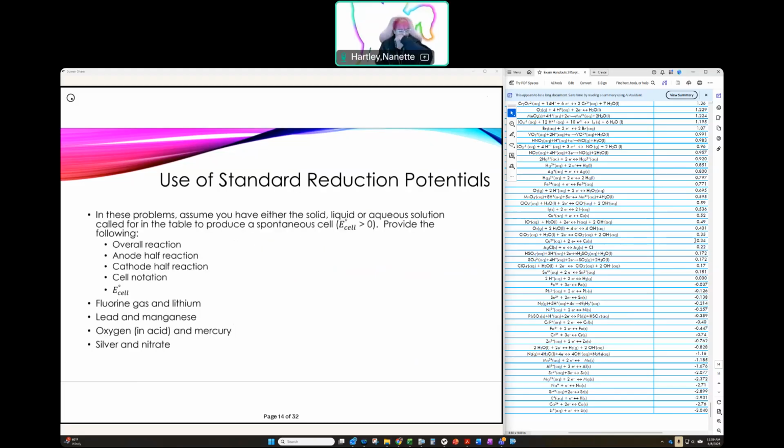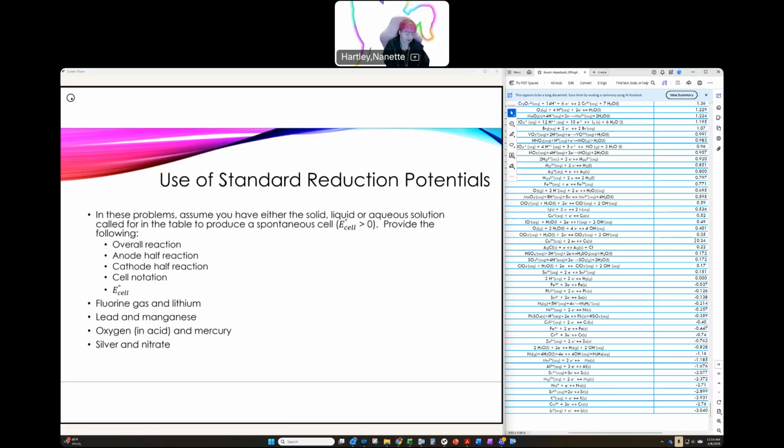Now, how do we use these standard reduction potentials? What we want to do is look at the things that I've asked you about down here: fluorine gas and lithium, lead, manganese, oxygen and acid, mercury, silver, and nitrogen. I want you to find those things in the table and then talk to me about that.